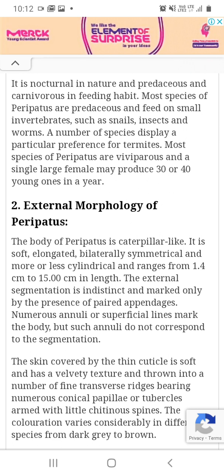So if the animal is not living in a damp, moist, or humid place, then there is a possibility that it will die of dehydration or desiccation. The moisture from its body will be driven off, and it will die of desiccation. So this is one reason why it is found in damp, moist places.